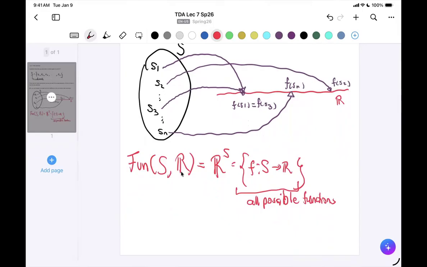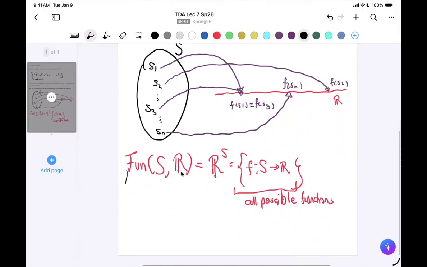The cool fact is that regardless of what the set S is, this can always be thought of as a vector space, because you can have functions and multiply functions by a scalar. In fact, I'll mention in a moment why it's even more concrete than this.